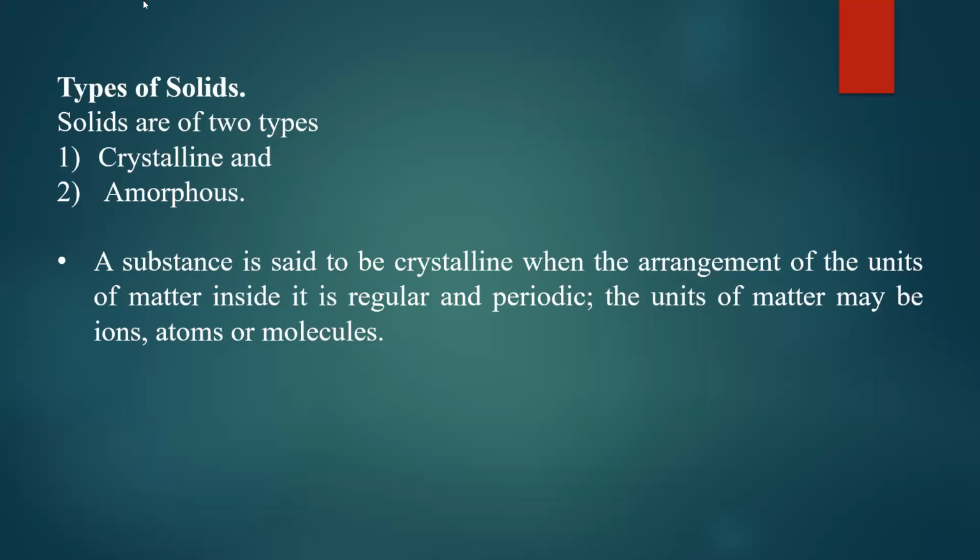Amorphous solids do not have a regular arrangement of units, and they look like very smooth solids, so you cannot feel the crystalline nature there. Sugar and common salt are simple examples. Chemically, you can find NaCl, KCl, zinc sulfide, and diamond, which are good examples of crystalline solids.